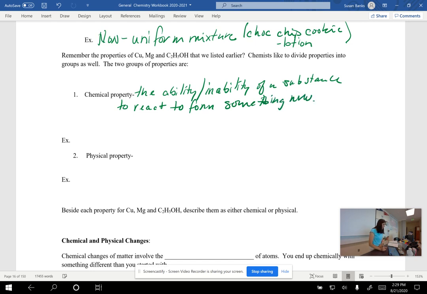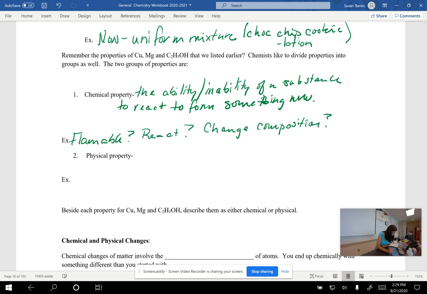Okay, so for example, is it flammable? Will it burn? Will it react? Will it change composition in some way? All of those are chemical properties.